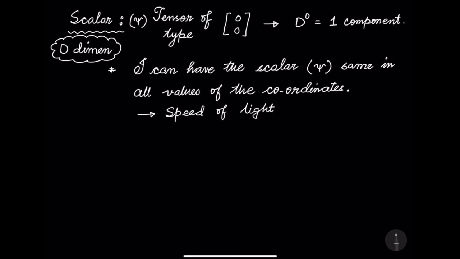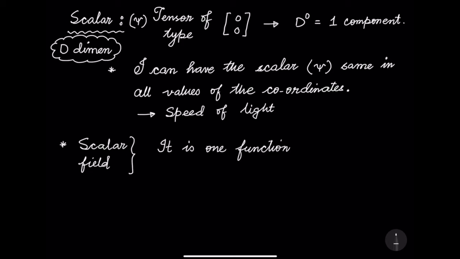But I can also have a different type of thing, which now I call the scalar field. So what is a scalar field? It is one function, and let us denote the scalar field as phi. So it's one function phi of the coordinates. That is, phi maps the coordinates into a number.